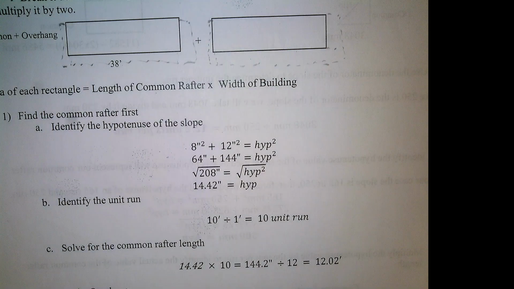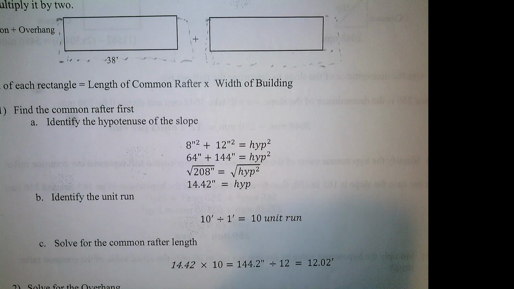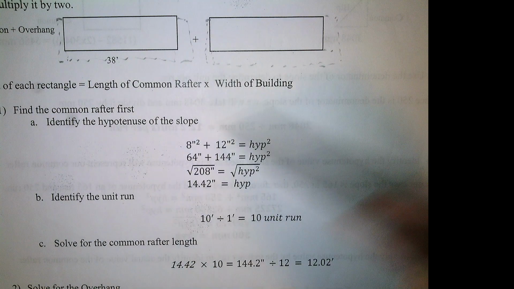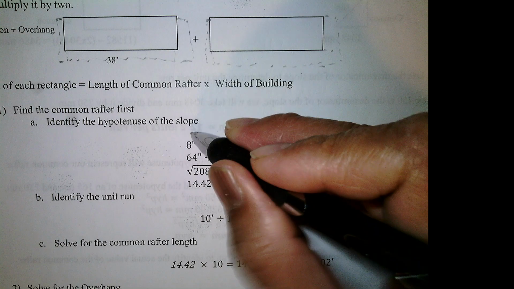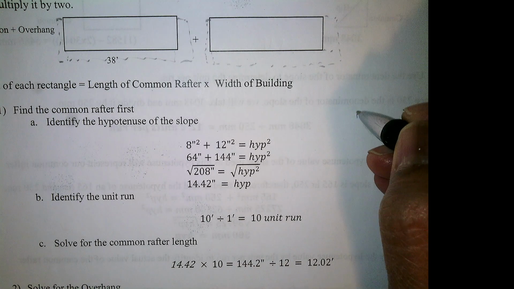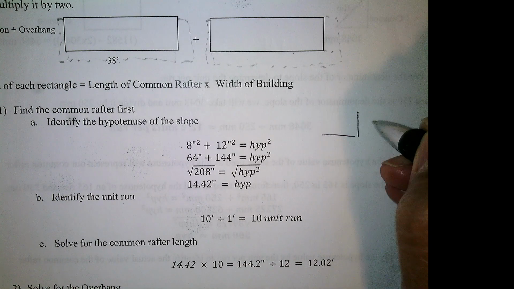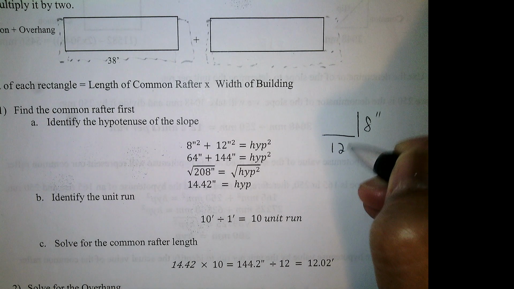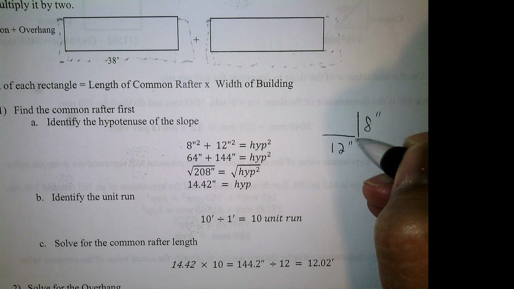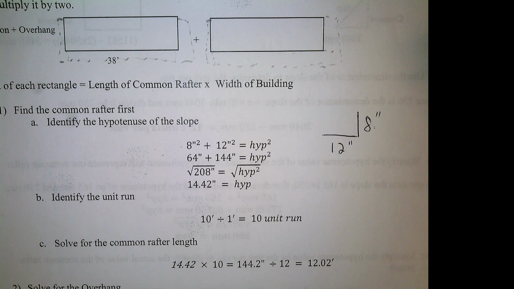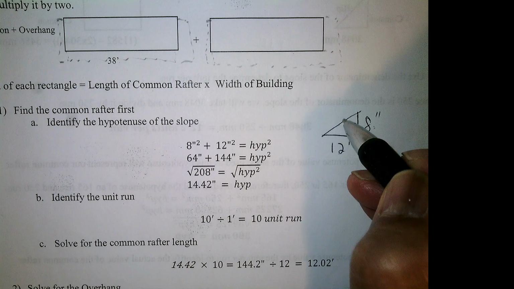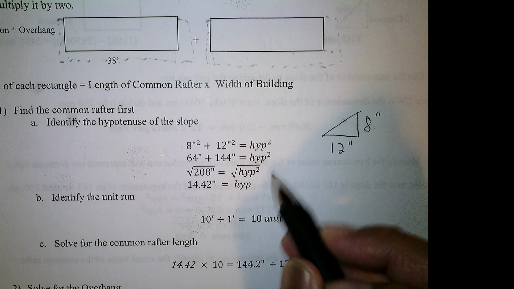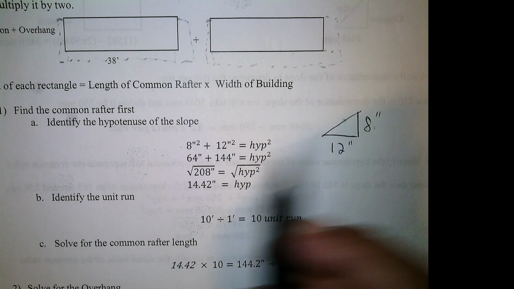Basically, the preparation: the hypotenuse of the slope, 8 inches, 12 inches. Remember, in inches. So now we calculate this side using the hypotenuse, using the Pythagoras.